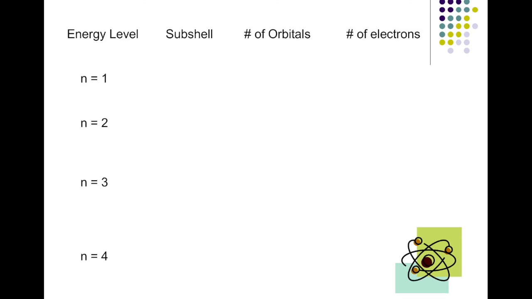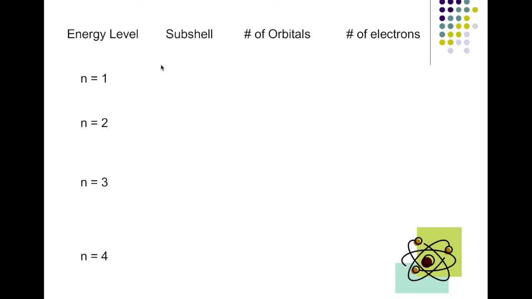Now, if we were to write it out here, this would go along with what we have done. So here in energy level 1, we have subshell 1s. How many orbitals are there? There's only one. What I want you to do is, based on my verbal, write down each of these sections.